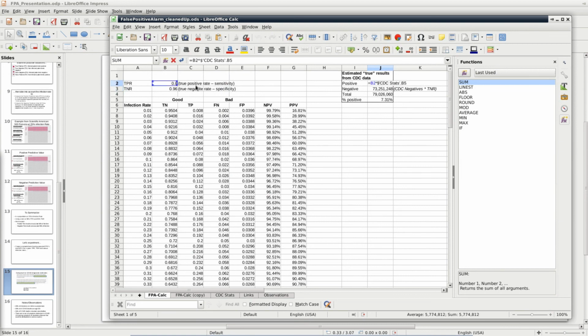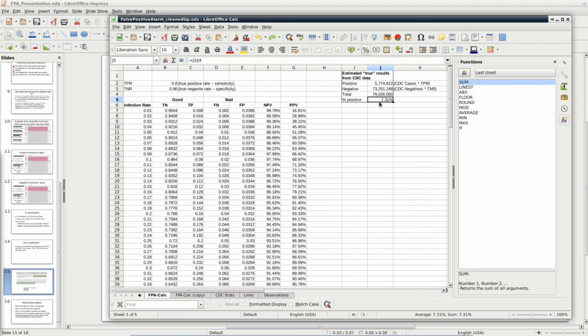So you can see 80% of the total number of positive tests is this number, and then 96% of the negative tests is this number. The idea is just to adjust those numbers based on the true positive, true negative rate, and then see what that percentage comes out to. And it's actually a lot lower.